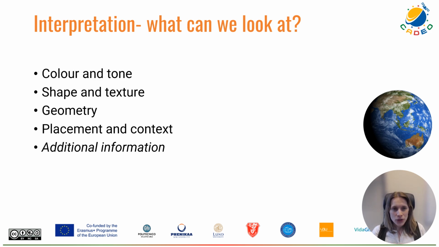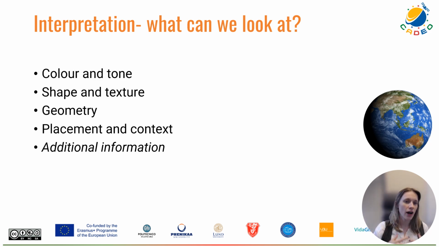So when we do interpret images, there are so many things we can look at to figure out what it is that we're seeing. Commonly, we look at the color of the Earth's surface. If we're using a natural color, we can see, is it green? Does it have vegetation? Or does it look gray? Is it blue? Is it red? What's going on there?